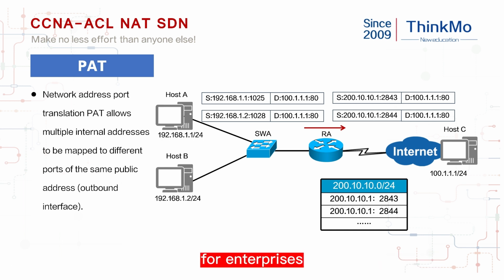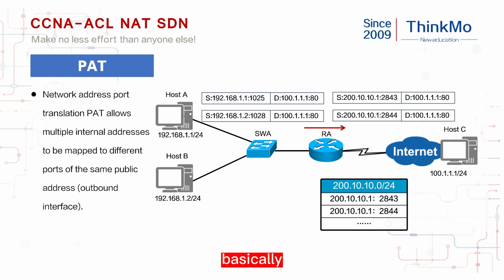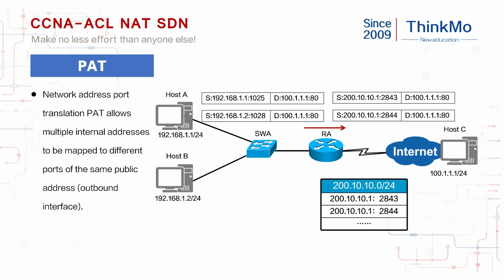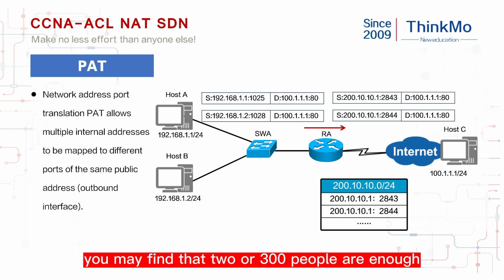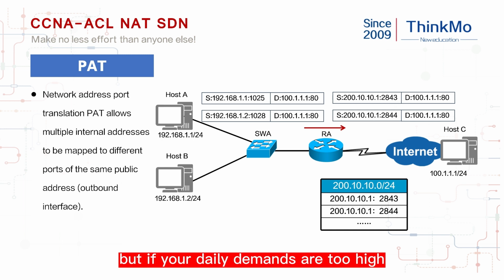For enterprises, it's almost the 100 people I told you: basically, a public IP's ports are almost used up. Of course, if there is not much demand for internet access, you may find that 200 or 300 people are enough. But if your daily demands are too high, about 100 people almost exhaust it.